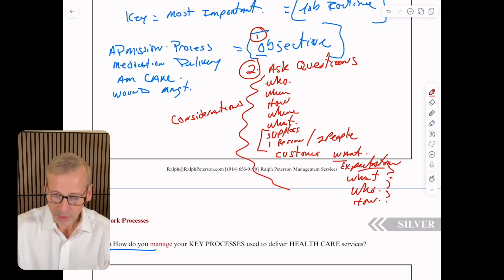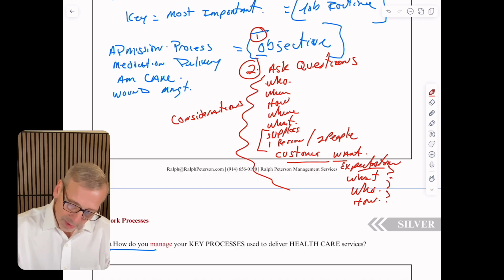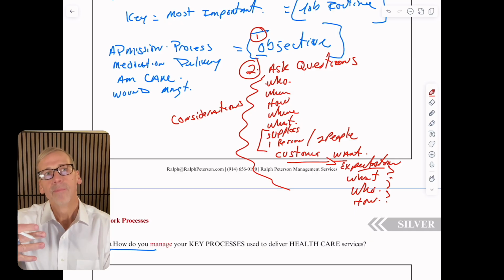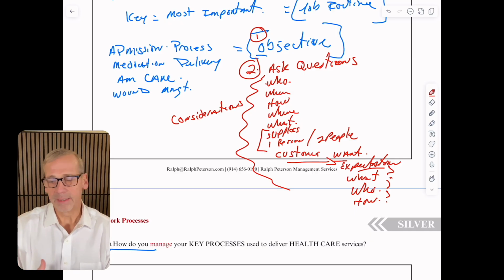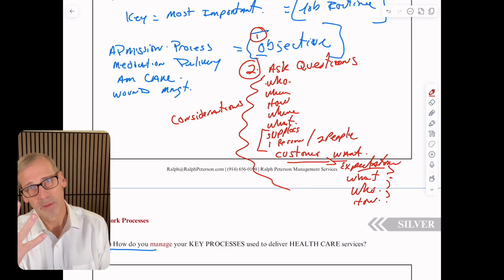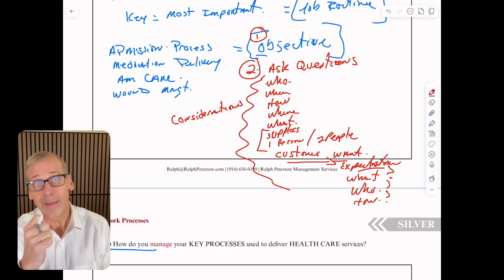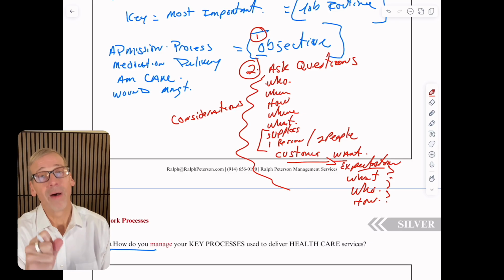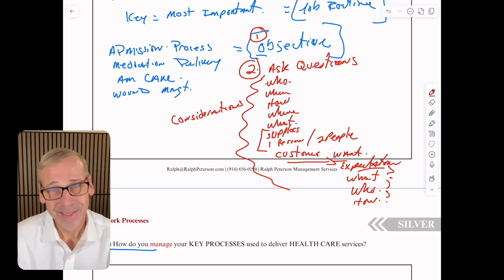Out of here. The idea of, are there any other departments involved? Oh, what an interesting question. Especially when we consider a process like a shower, because there are at least four departments, maybe 5.